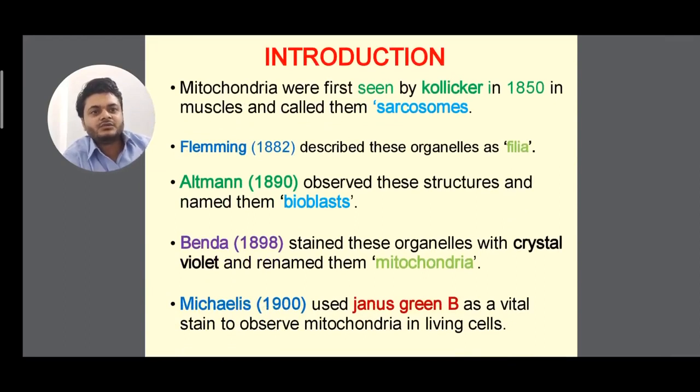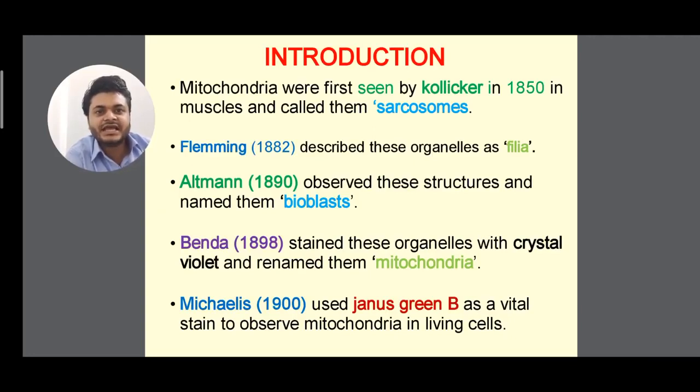Mitochondria was first seen by Kolliker in 1850 in muscles and called them sarcosomes. Then Fleming in 1882 described these organelles as phila. Next, Altman in 1890 observed this structure and named it bioblast.